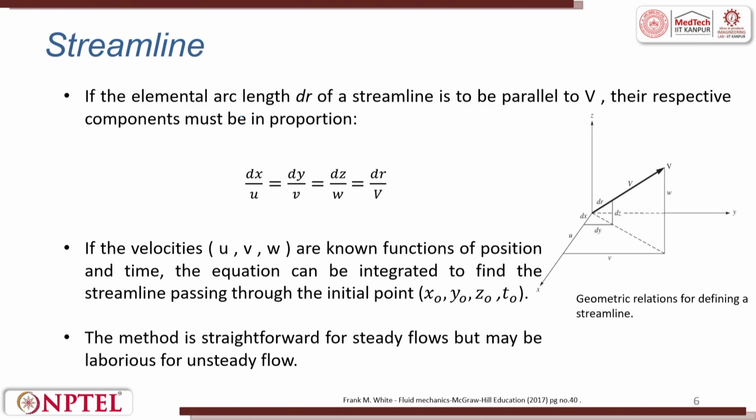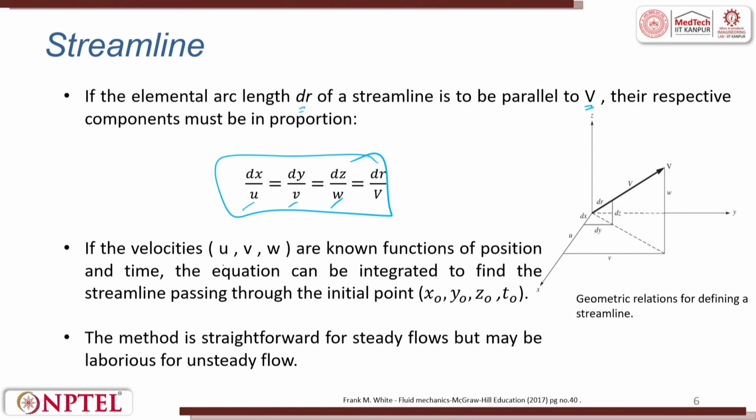If the element arc length dr of a streamline is to be parallel to V, their respective components must be proportional: dx by u, dy by v, dz by w, which is nothing but dr by V, where u, v, w are velocities.